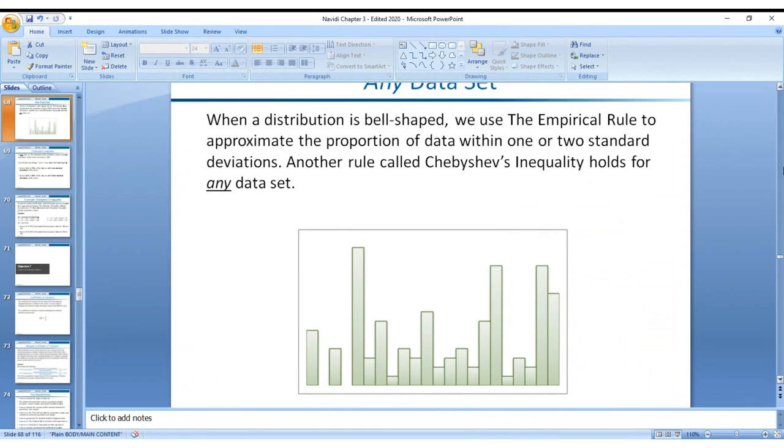They give you an example of a data set there that's just all over the place. So the empirical rule is not going to work here. But it says in that last line, Chebychev's inequality holds for any data set. Any data set.